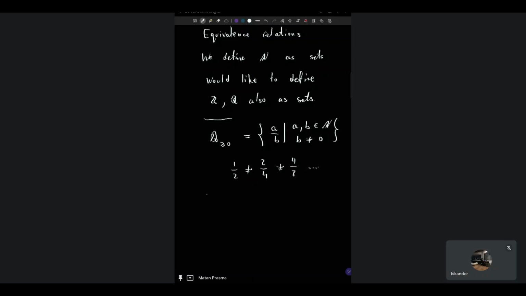So we need a notion of equivalence. Let me denote it as tilde. We would want to say, for example, that 1 over 2 is equivalent to 2 over 4.